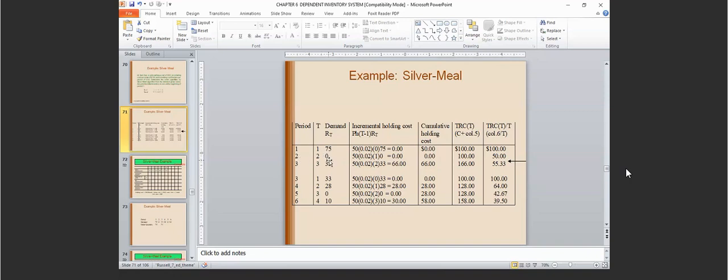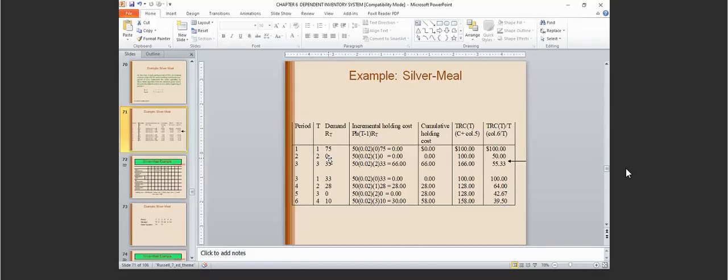So we assume that we're going to determine the order quantity based on the gross requirement for period 1 and period 2 here. For the gross requirement in period 1 and period 2, we have 75 plus 0.